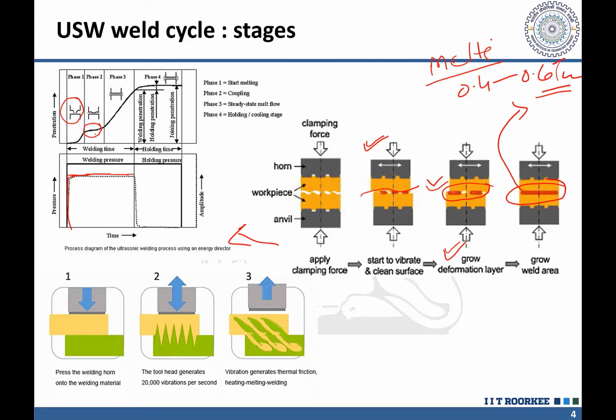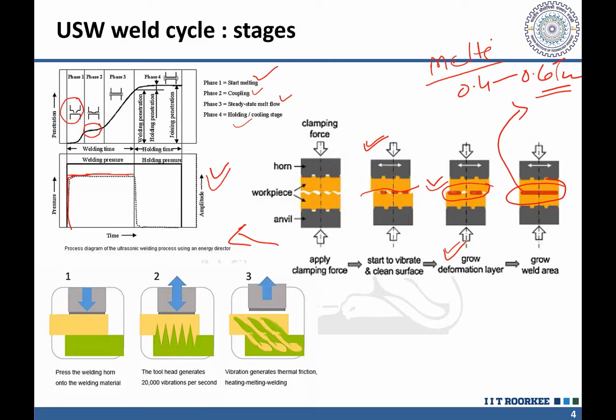So this is a typical cycle or stages for the polymeric material, where the melting takes place, then the two completely come in contact, then the steady state metal flow, and then eventually hold and the cooling stage, that's the fourth stage. So this is the typical kind of stages that we get in case of the polymeric material.